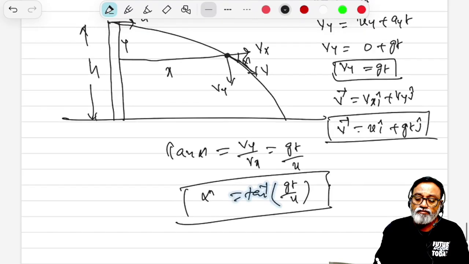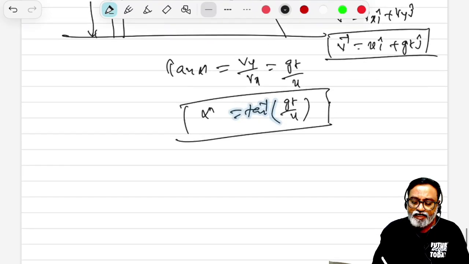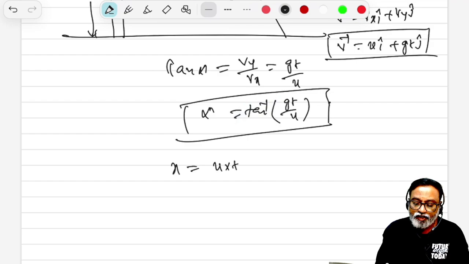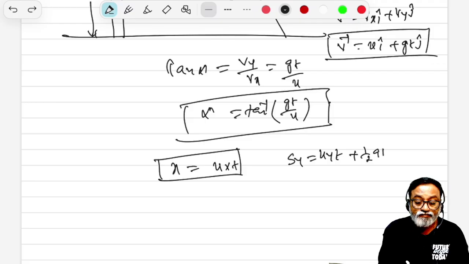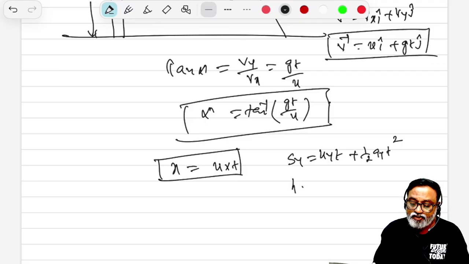Next one. Displacement along x direction, that is x is equal to velocity u into t. But in y direction, Sy is equal to Uy into t plus 1 by 2 Ay t square. Sy I am taking as h.